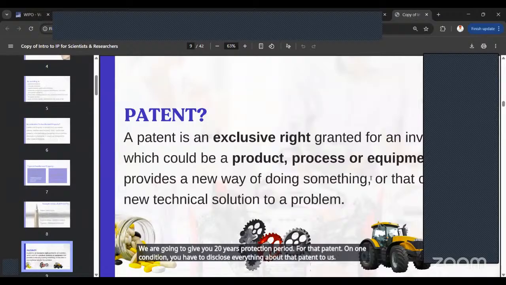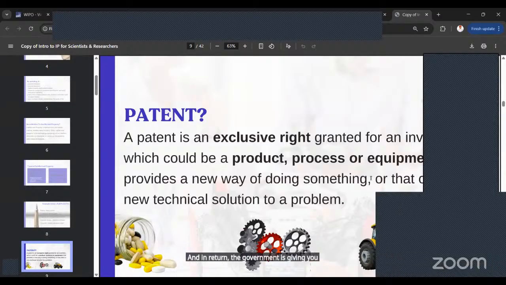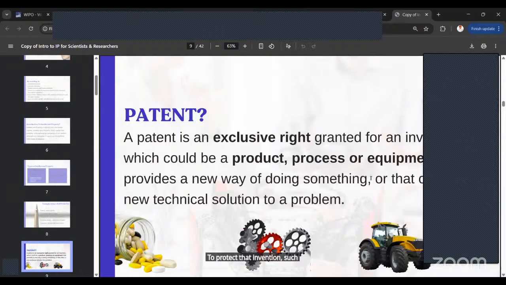It means you are giving the government all the documents about how that invention works. And in return, the government is giving you what? A 20-year protection period to protect that invention, such that within that 20 years, you are the only one that has the right to use that invention. But after 20 years, what happens?